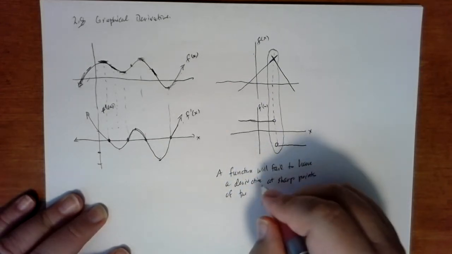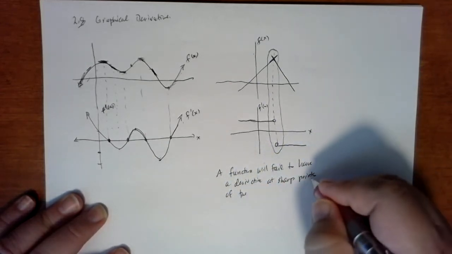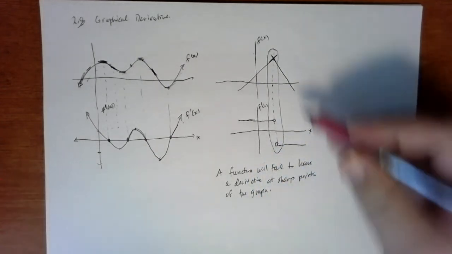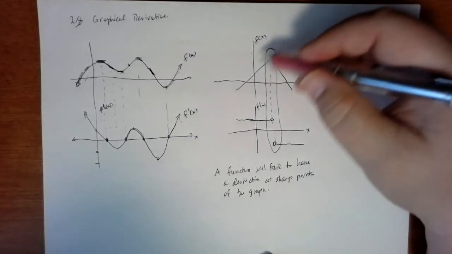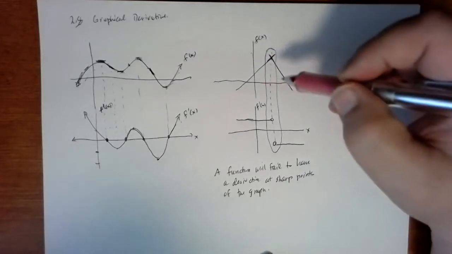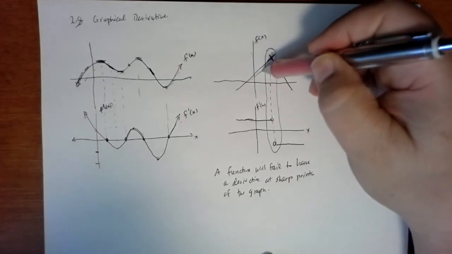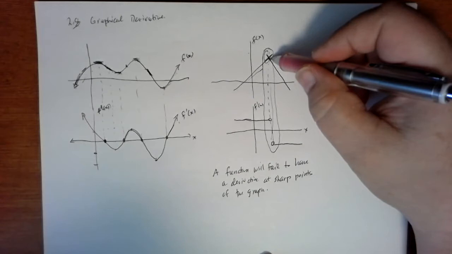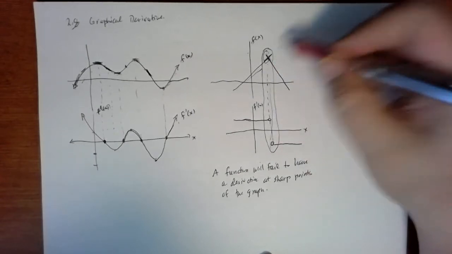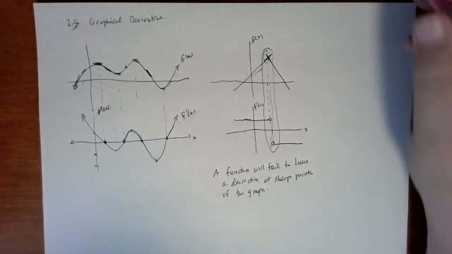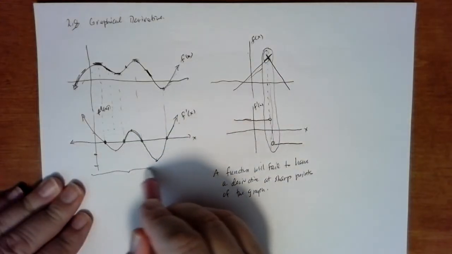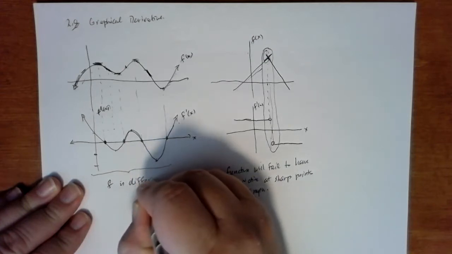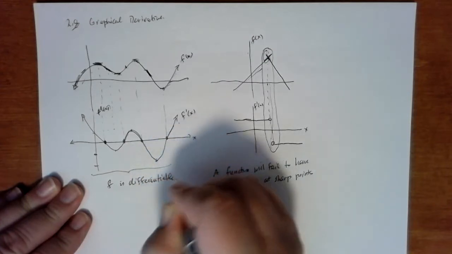Sharp points of the graph. So in this case, we would say that the function is differentiable, meaning it has a derivative, everywhere except the single point. Here the function fails to be differentiable at the single point. Otherwise, for example, f is differentiable, that's a long word, everywhere.